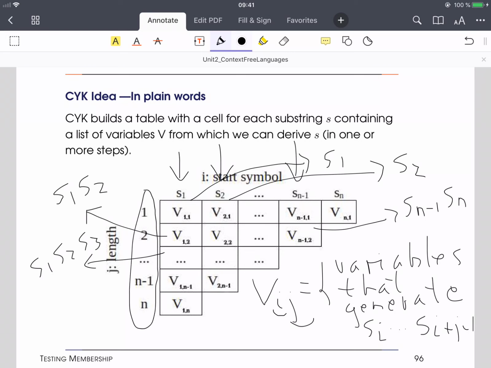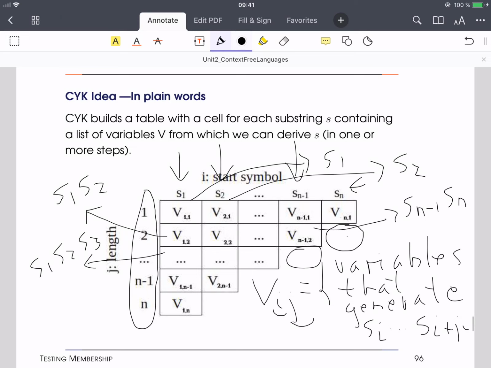First of all, notice that it's impossible to have symbols here or here, because here we need to start in the last symbol of the word and have length 2 because we are in row 2. But if we are in the last symbol of the word, we cannot have length 2 because then we miss one symbol. We need more symbols in the word.